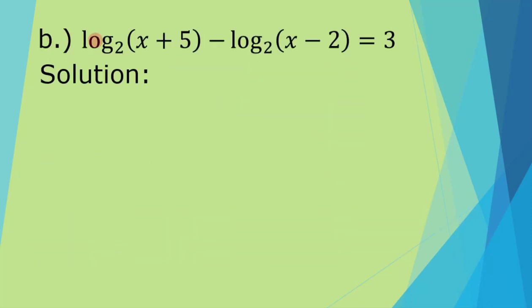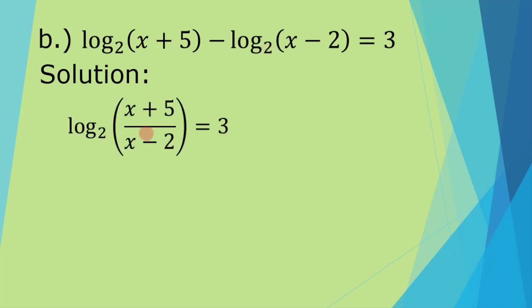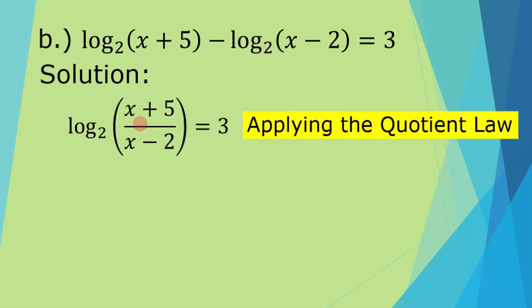For letter B, we have log of quantity x plus 5 to the base 2 minus log of quantity x minus 2 to the base 2 equals 3. Solution. So we have applying the quotient law. We put them under one logarithm. Let me read.